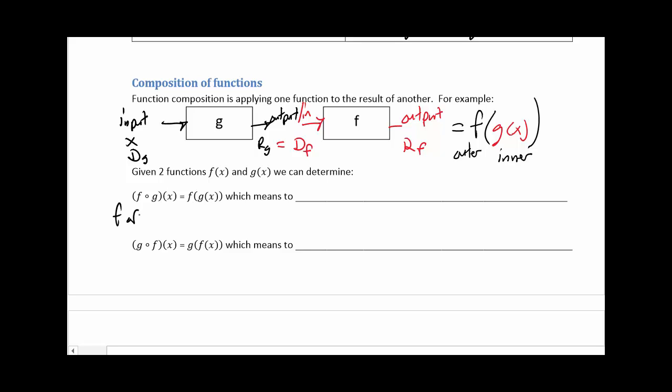So f of g of x, that's how we say that, which means we're going to substitute g of x for all x's in f and then simplify.